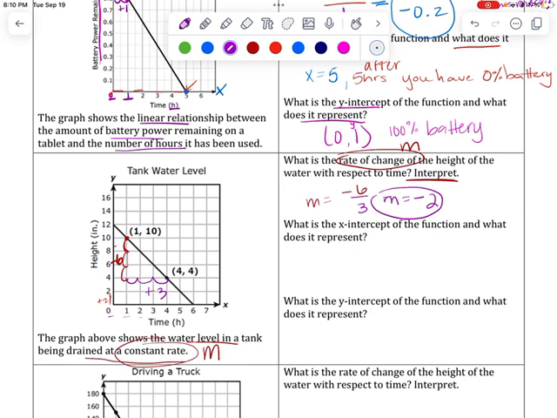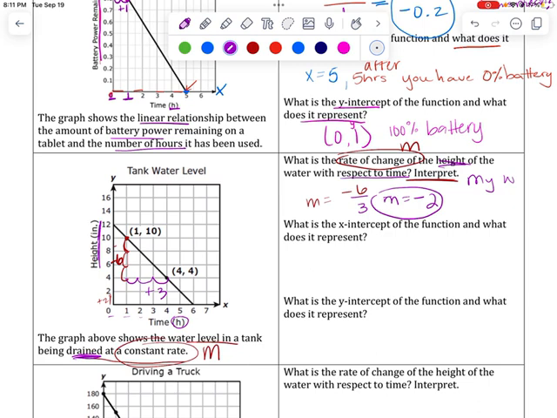So my height of the water is changing by negative 2 every hour, right? I've got a tank. It looks like it's draining. Yeah, it's draining. If it's draining, the water level is going to be lower and lower and lower. So here, my height in inches. This tells me inches.